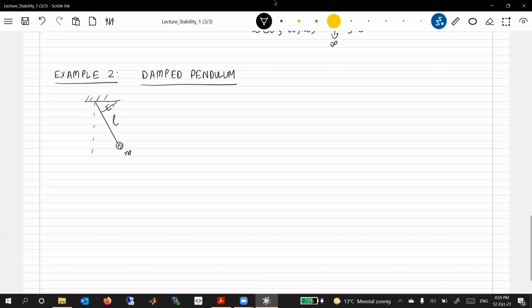So what this introduces in the equations of motion, we assume that this is a linear damping term. So if I were to try and write the equations of motion, this would be the angular acceleration x double dot. Once again, x is the angle, x double dot is the angular acceleration.